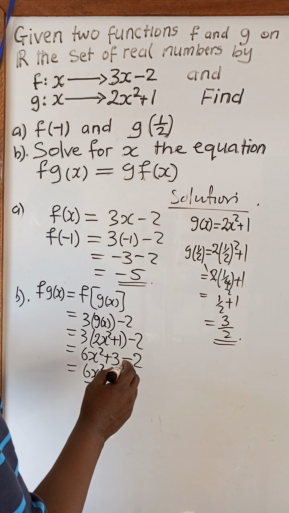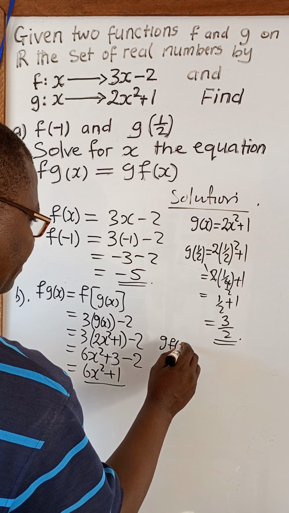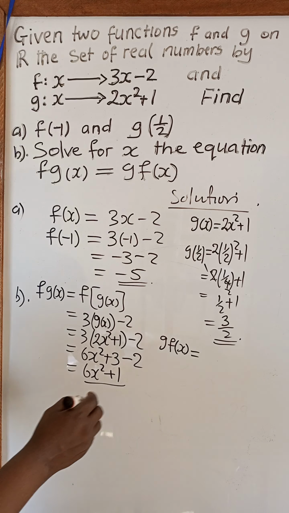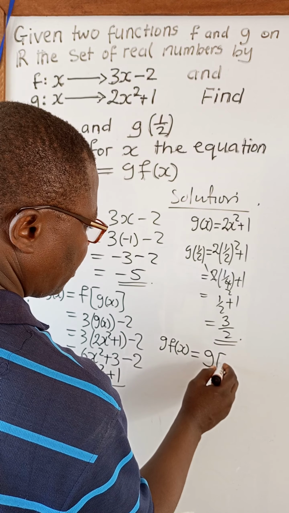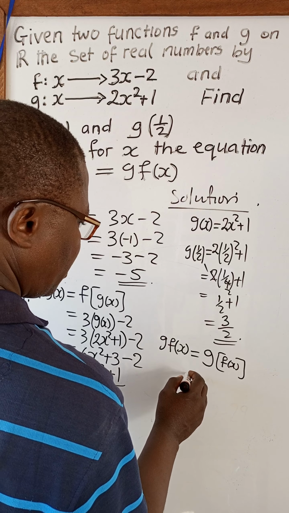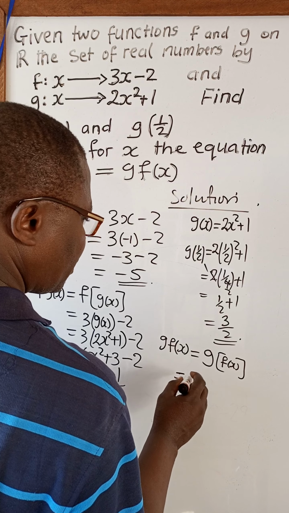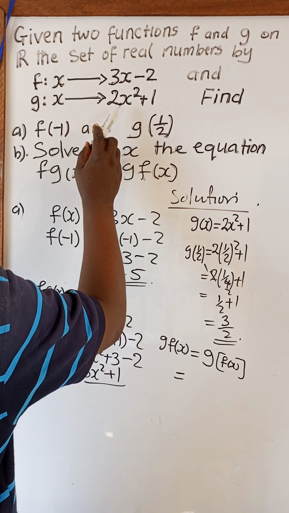Now what about gf of x? For gf of x, this time around we take the instructions of g and implement them on f of x. Now what is g carrying? What are the instructions of g? g has 3 instructions.